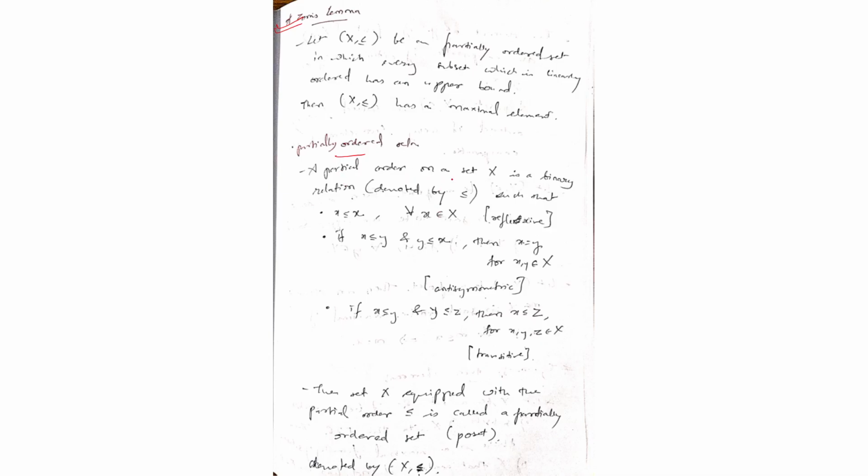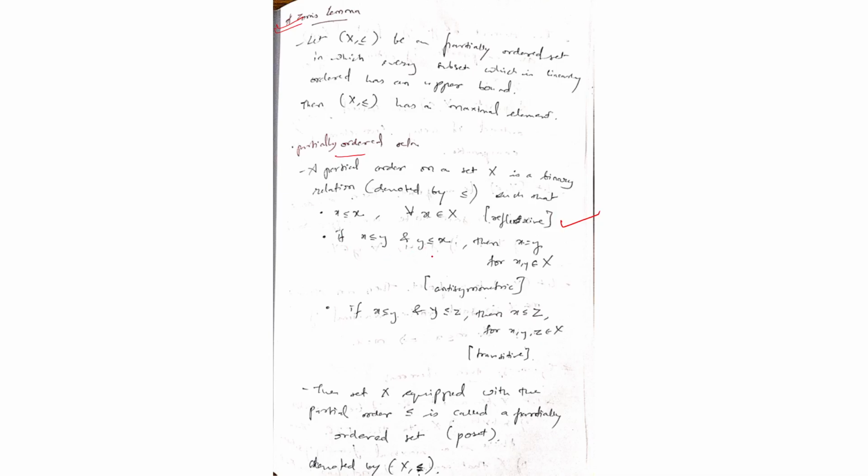A partial order on a set X is a binary relation denoted by less than or equal to such that x is less than or equal to x for all x belongs to X, that is, it should be reflexive.